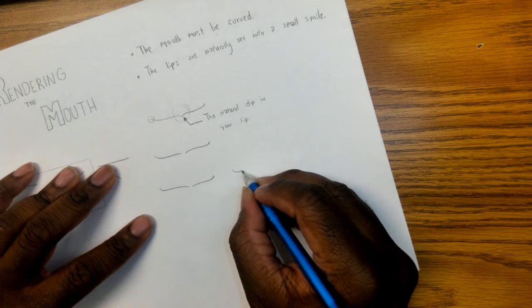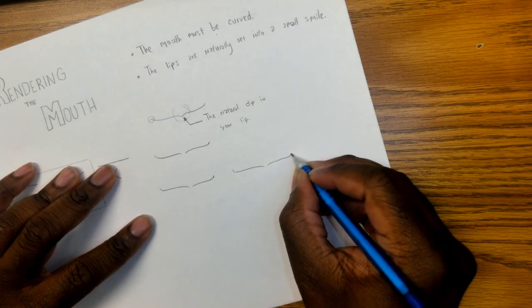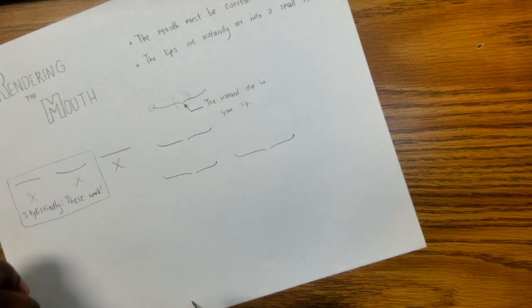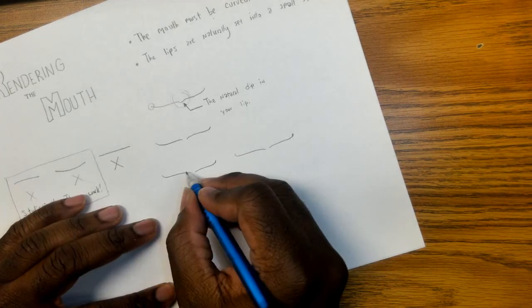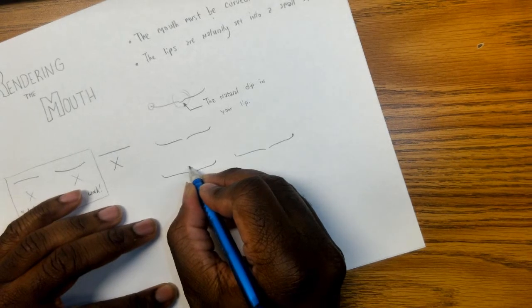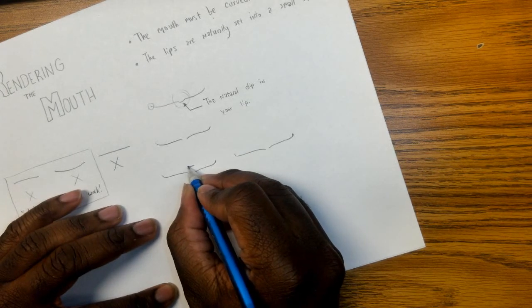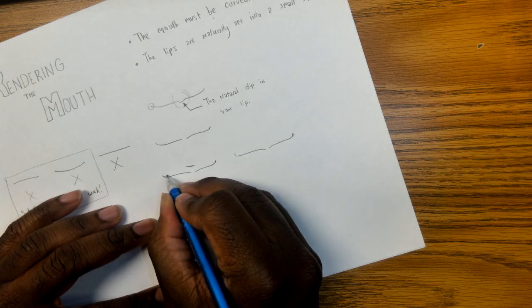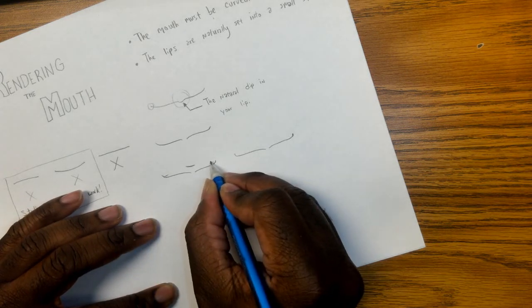And I'll draw another one here because we do have to consider that not everyone has the same kind of lips. Now, I generally try to subscribe to a slight lip setting here. We're going to enhance the dip just a little bit. Have some slight curves coming out of the ends.